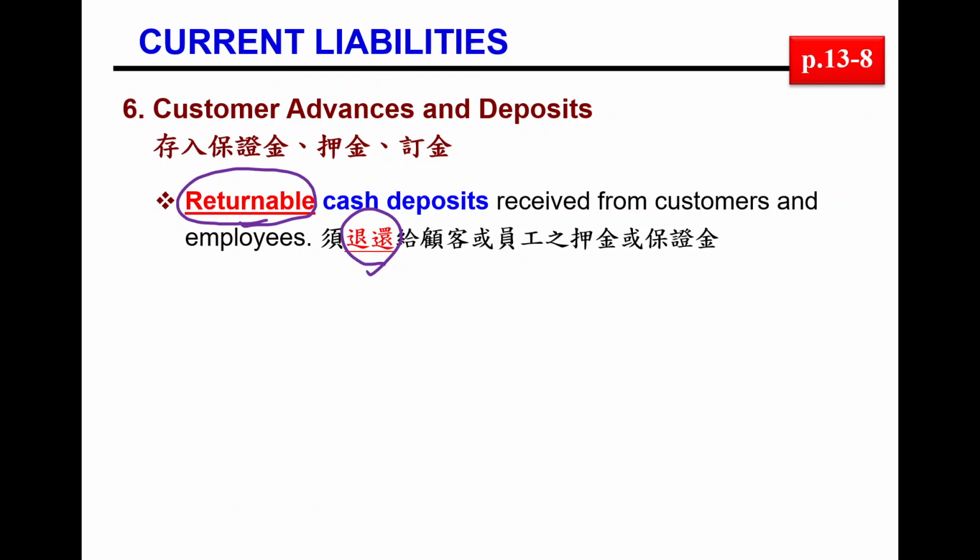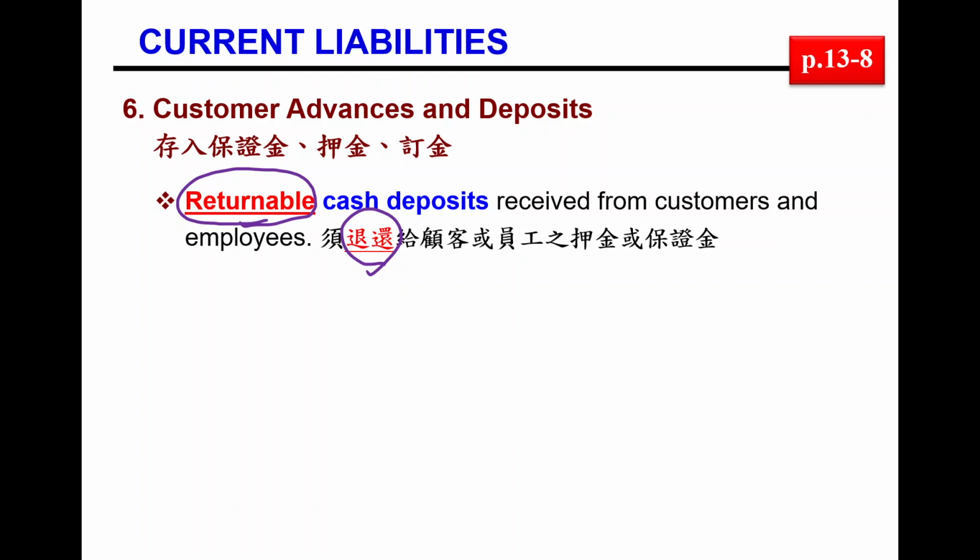So take a case: you rent a house, right? Have you paid any deposit? Yes, right? 1 month deposit. Will you get your deposit back in the future? When? After you don't want to rent the house anymore, right?